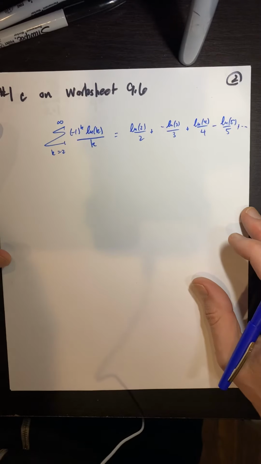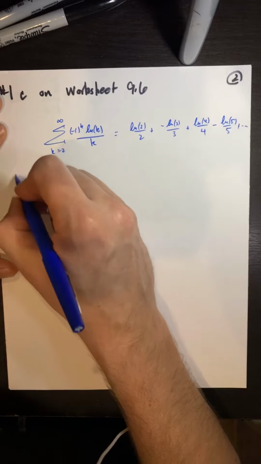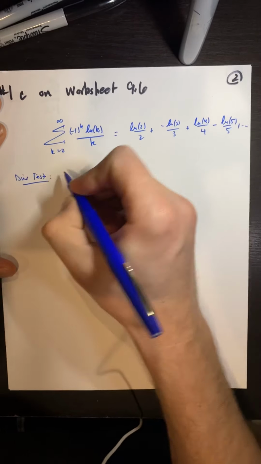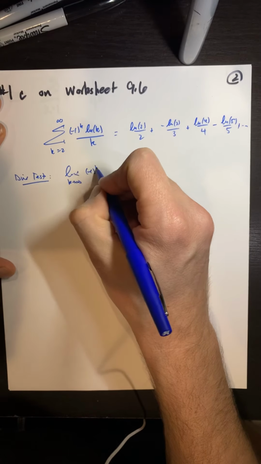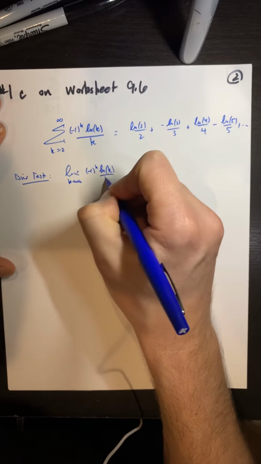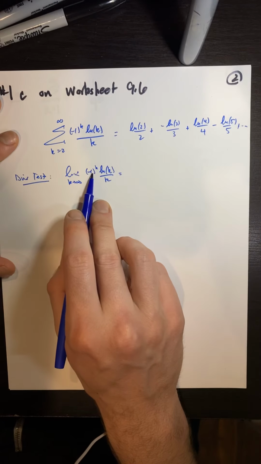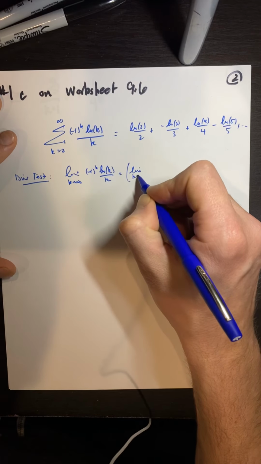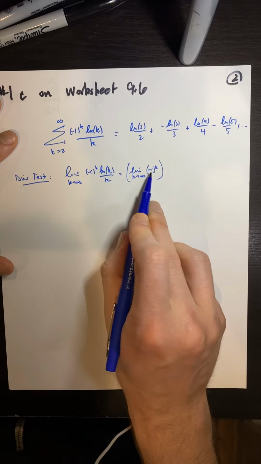That's an alternating series. So if I want to prove that this thing is convergent, I can use the alternating series test. First off, I could try to do the divergence test. That always applies. So if I look at the limit as k goes to infinity of negative 1 to the k, ln of k over k, for an alternating series, this can be a little bit weird, but you can separate this out. So I can do the limit as k goes to infinity of negative 1 to the k, and I know that that's not going to really approach anything.